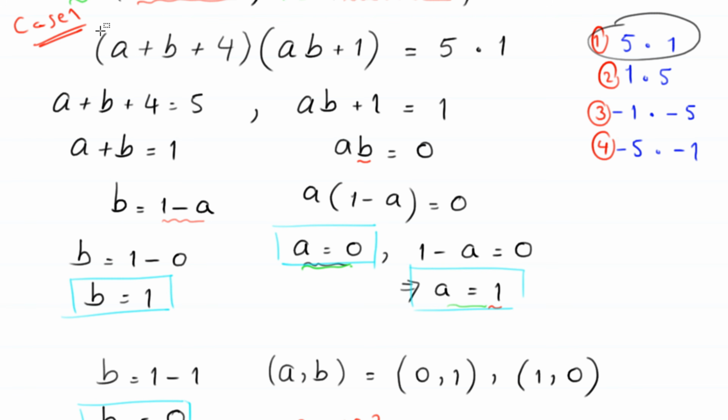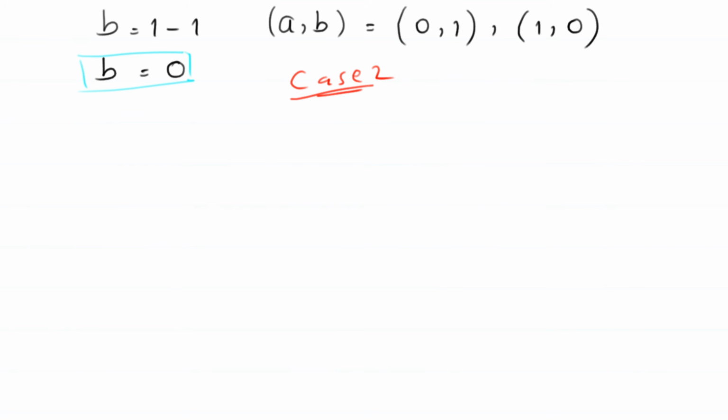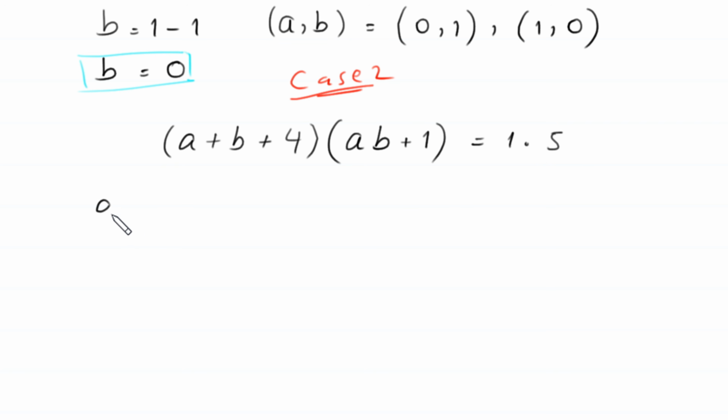Now we solve case 2. In case 2 we write this expression a plus b plus 4 times ab plus 1 equal to 1 times 5. So a plus b plus 4 is equal to 1 and ab plus 1 is equal to 5.